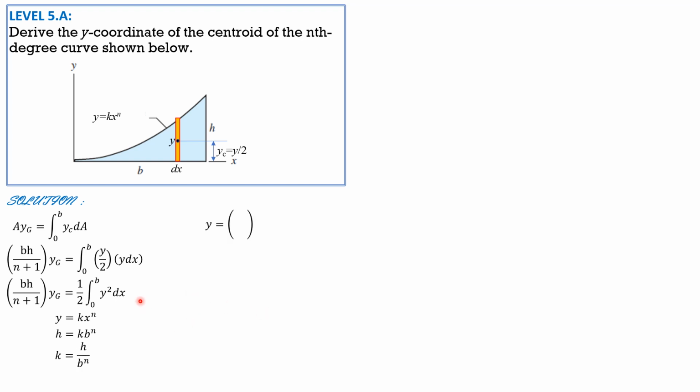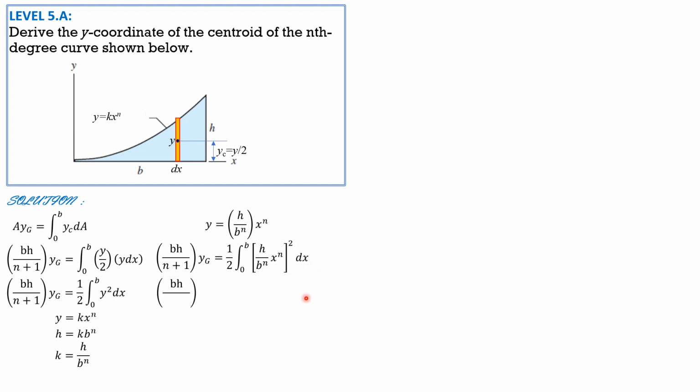Substitute here. So this is y, h over b to the n, k times x to the n. So substitute in this formula: bh over n plus 1 times y bar equals 1/2 integral of y squared, so integral of quantity h over b to the n, x to the n, quantity squared dx.